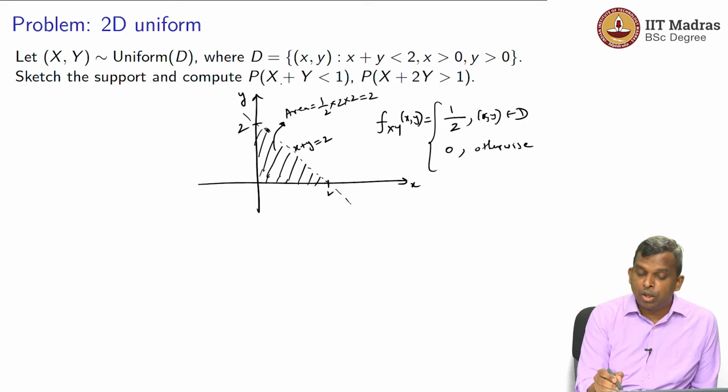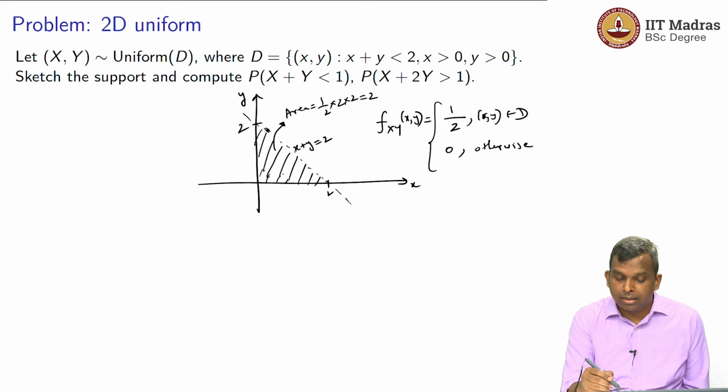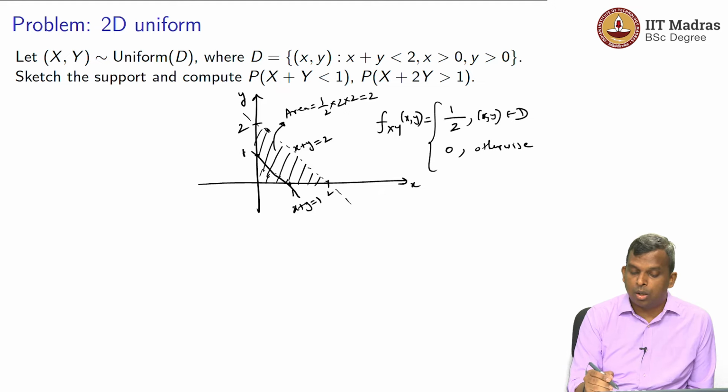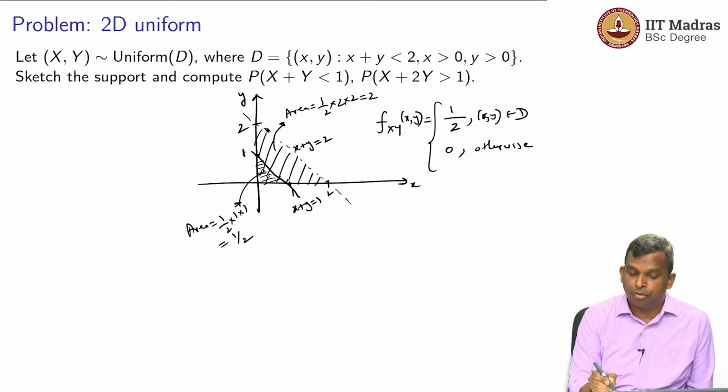Now probability of x plus y less than 1. So how do you get x plus y less than 1? That is just 1 here. Okay, so you can draw this line. That line will be x plus y equal to 1. Okay, so the area inside this guy. So this area is half into 1 into 1, and that's just half, right?